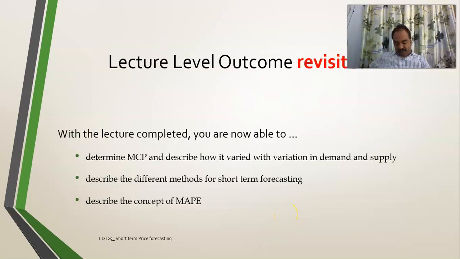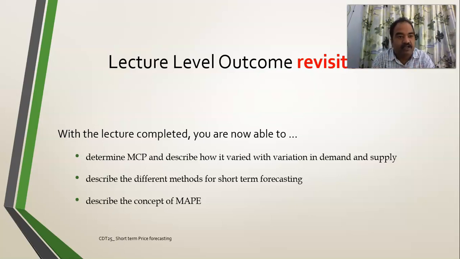So I hope you are now able to estimate the variation in prices for different situations, and how supply and demand curves will vary, left to right or bottom to top. I hope you now understand clearly the concept of MCP, and that you will be able to explain the different case studies and how prices will be moving.